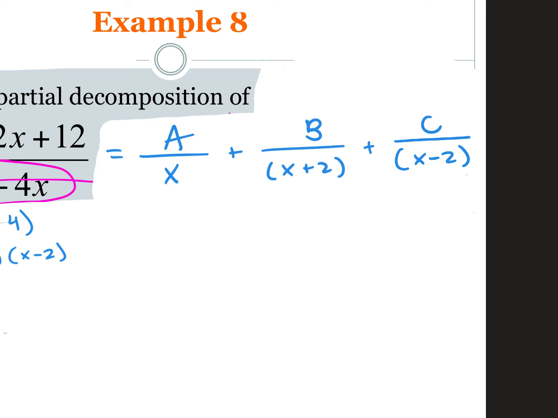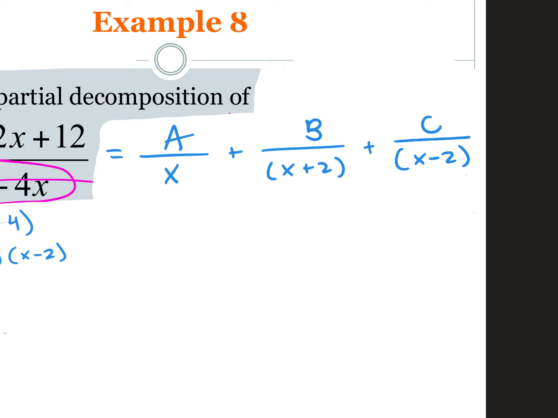What do I do next? Get the 0 on every individual thing, except the numerator. Before that, what do I multiply by? Everything that's missing.